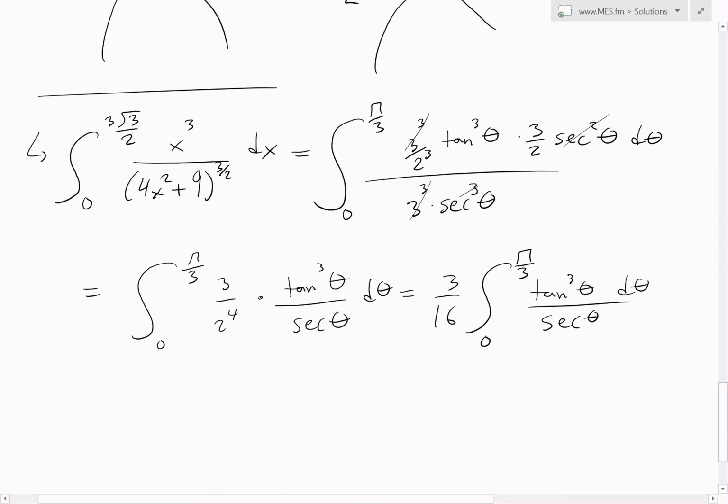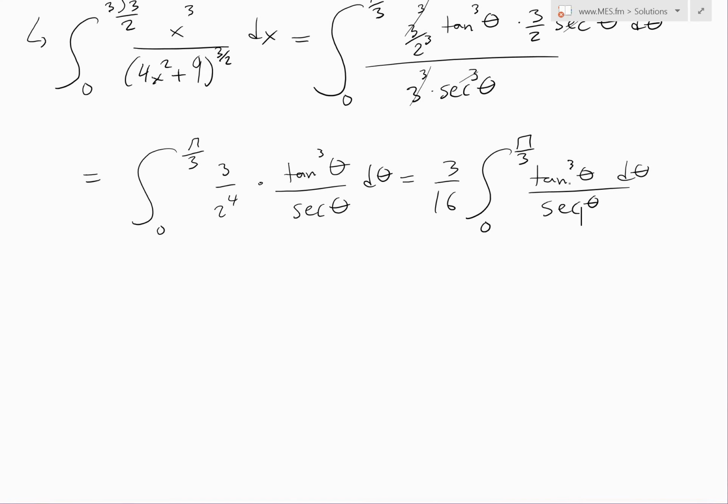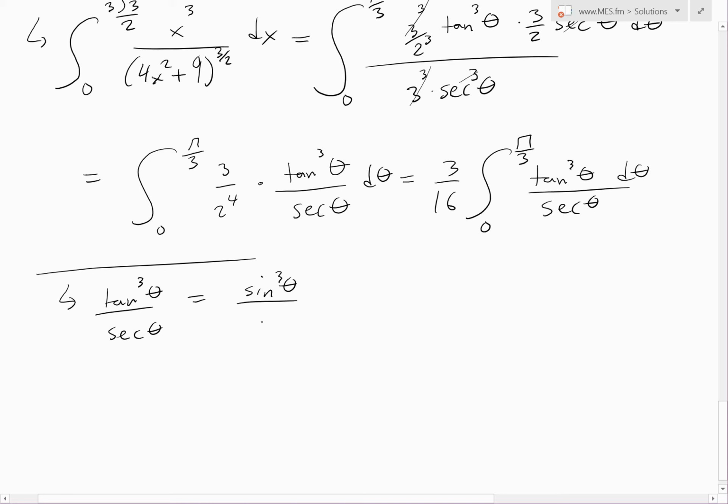over secant theta. And now it's still pretty complicated, but if we rewrite this in terms of cosine and sine, because we're used to that, so basically we know that tan cubed theta divided by secant theta is equal to sine cubed theta over cosine cubed theta all divided by the bottom one, which is 1 divided by cosine theta.